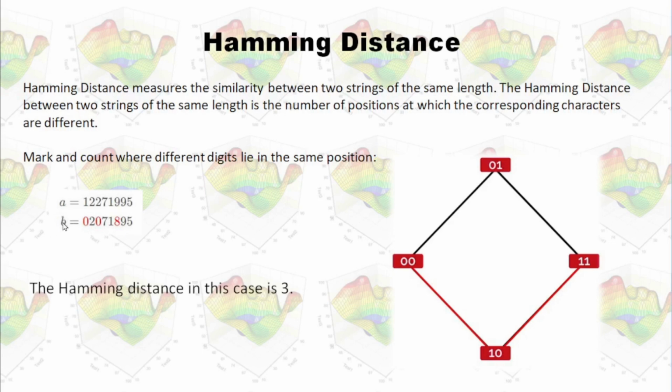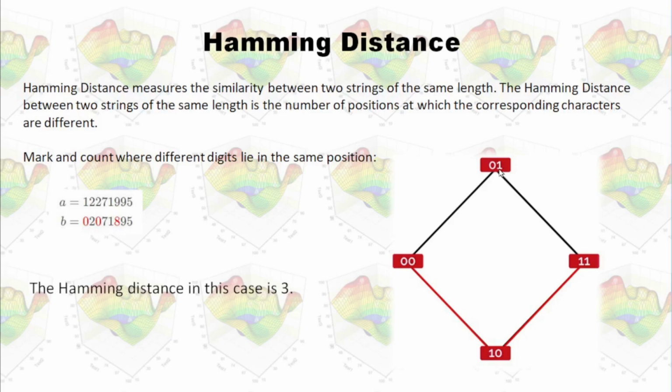One is A, one is B. So we will compare all the digits one by one. So there's 1 difference, 2 differences, and 3 differences between those two strings. So in this example, the Hamming distance is 3.